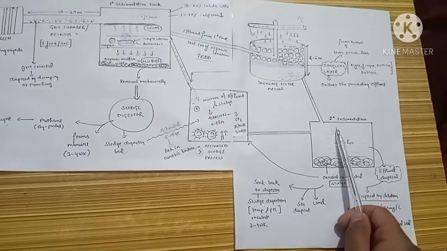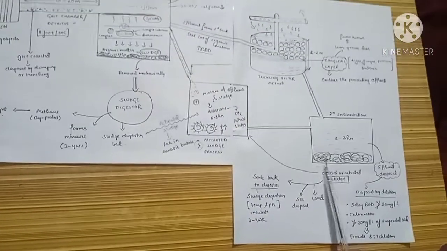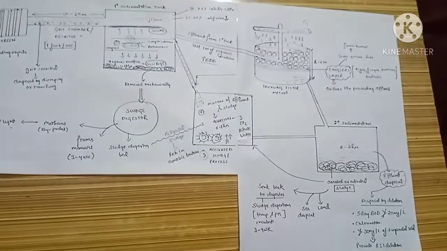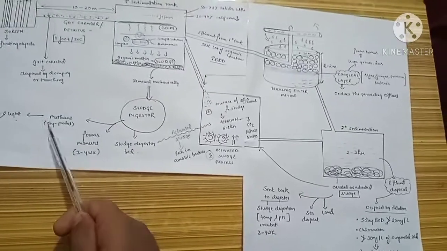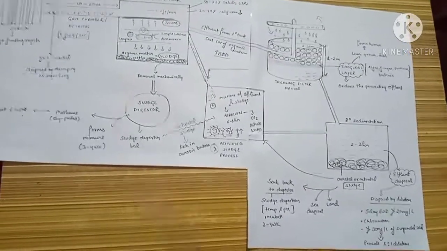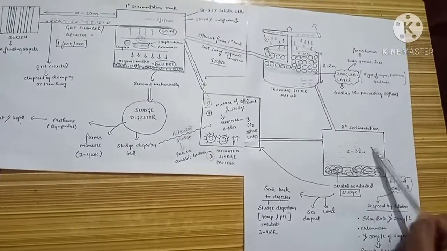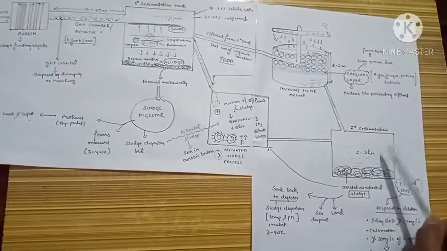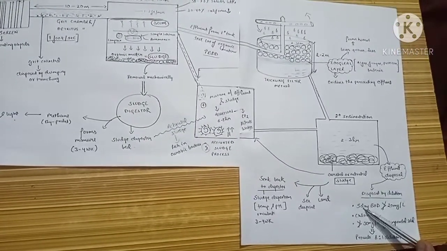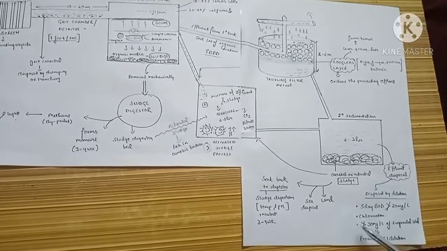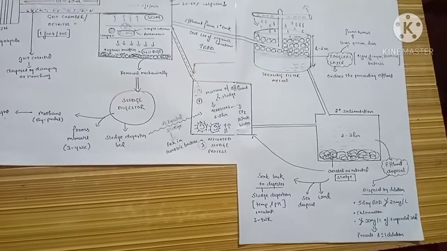In the secondary sedimentation tank, we have formation of activated or aerated sludge, and this is sent back to the activated sludge process for reuse, or into the sludge digester for other uses like manure and methane. The other ways of disposal are sea and land. The final thing we are left with is the disposal of the effluent that is left, and it should satisfy the criteria of 5 day BOD less than 20, chlorination, and not more than 30 milligram per liter of solids.